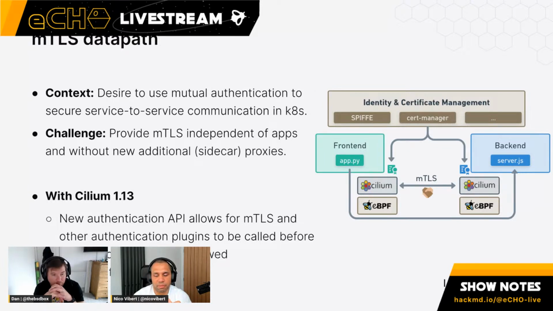What comes with 1.13 is essentially the data path implementation to support this kind of service-to-service authentication. And we'll be able to plug in different identity managers like SPIFFE, Cert Manager and Vault. Even though it's not ready right now, we've put the groundwork in, and I imagine in 1.14 there will be more to come about this.